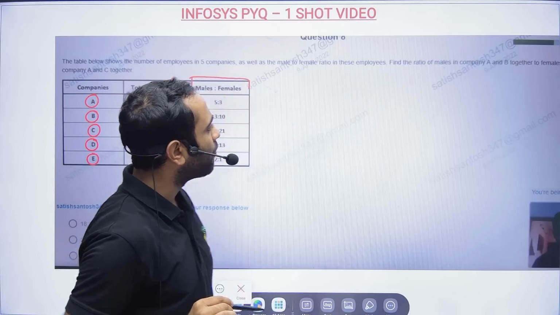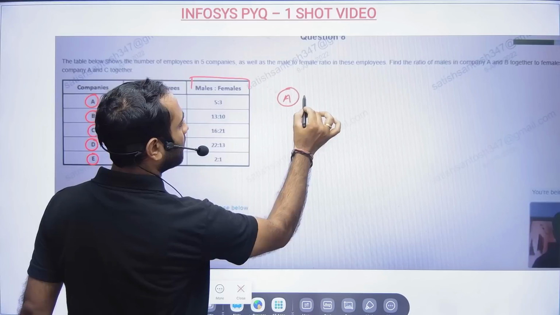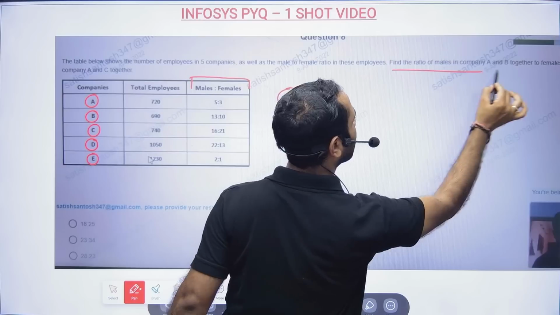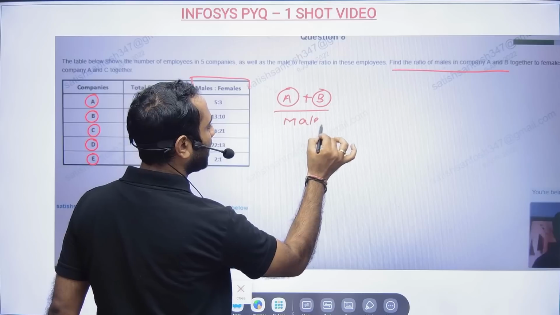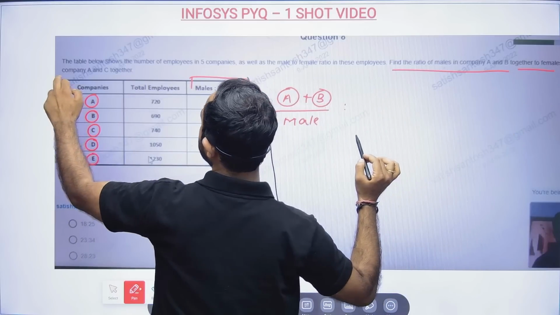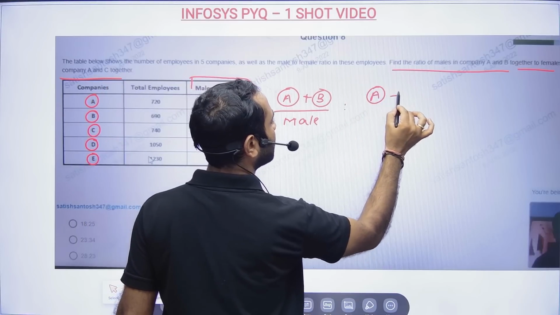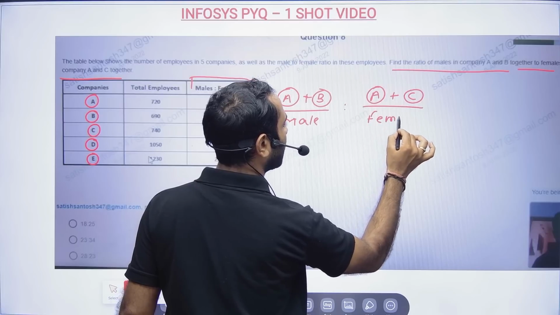Find the ratio of the total number of males in companies A and B together to the females in companies A and C. This is the ratio you have to calculate.